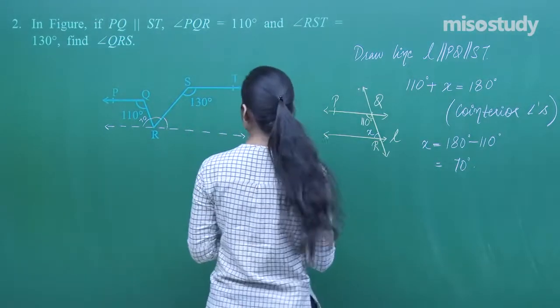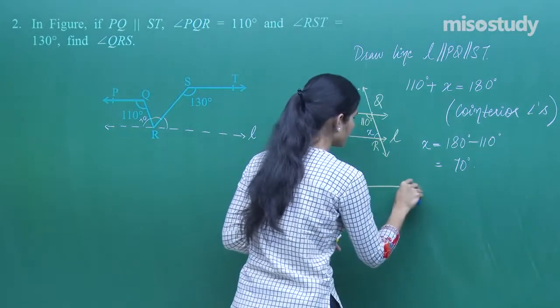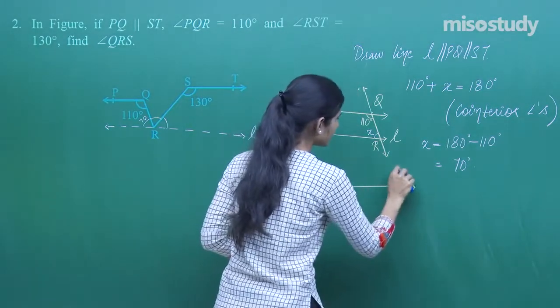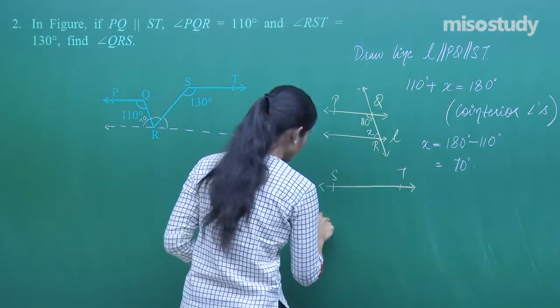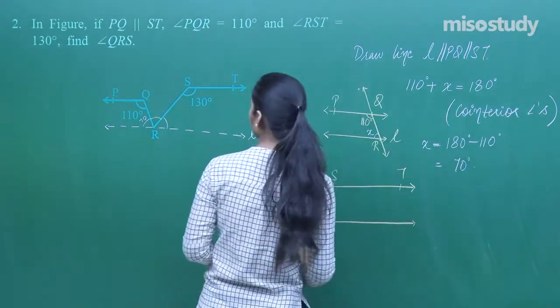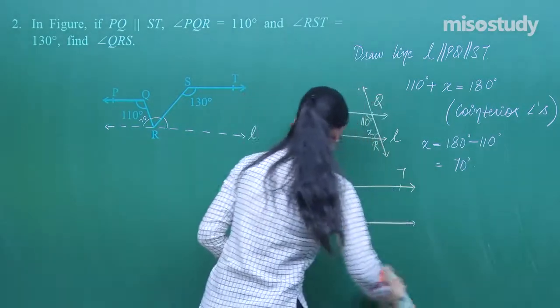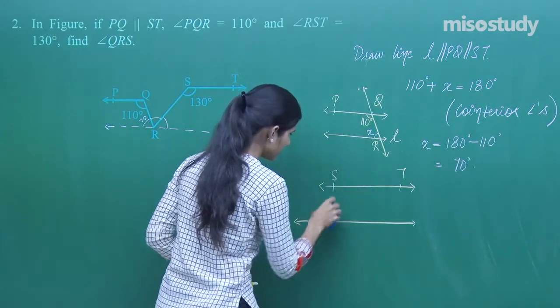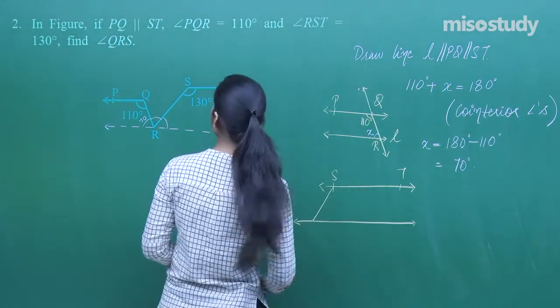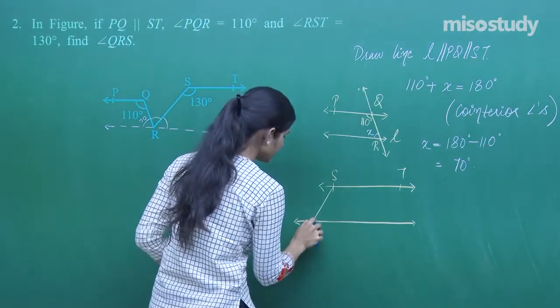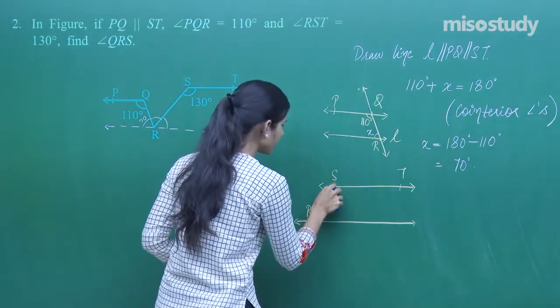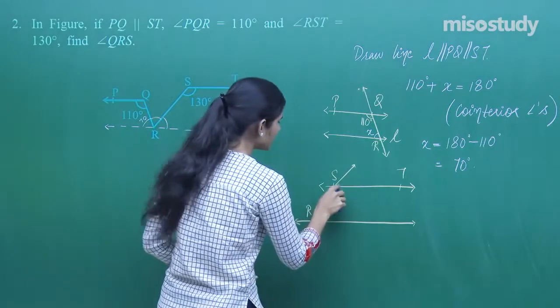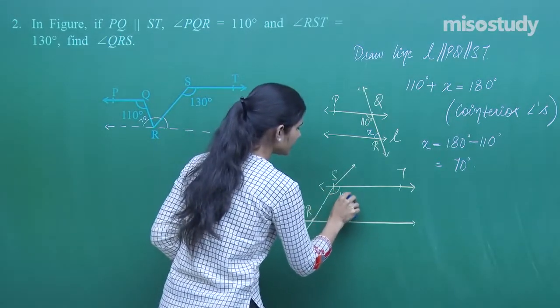Similarly, this angle will be what? Over here, say this is S and say this is T, and then I again have this complete line. Let me extend it. This point is R, extend this. You have this angle as 130.